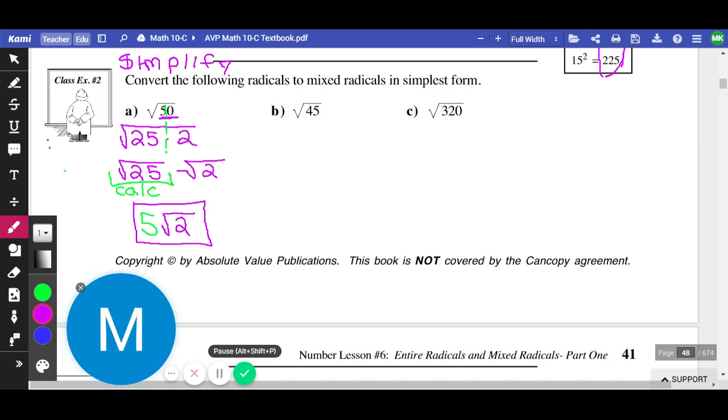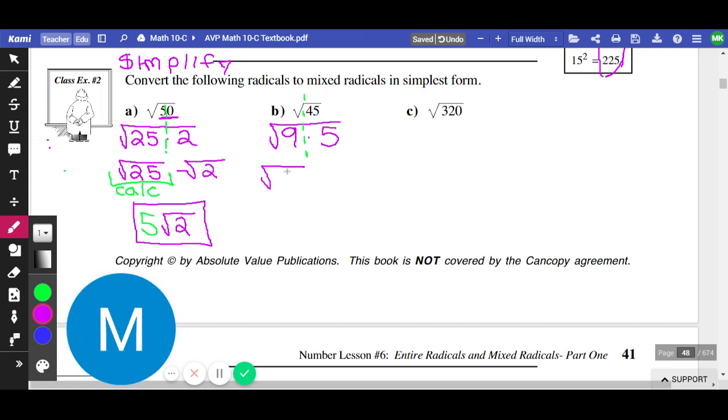What I can do now is I can take that 9 and that 5, and I can rewrite this to be root 9 times 5. Okay, I took my radicand, I rewrote it as 2 radicands multiplied together. Awesome. The reason we do that is there's that math rule, right? That math rule says I can cut it in half. 2 radicands means I can split it to become 2 radicals.